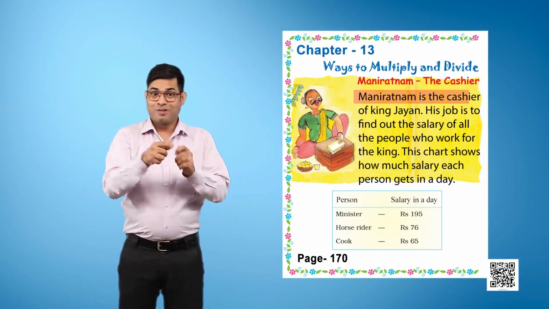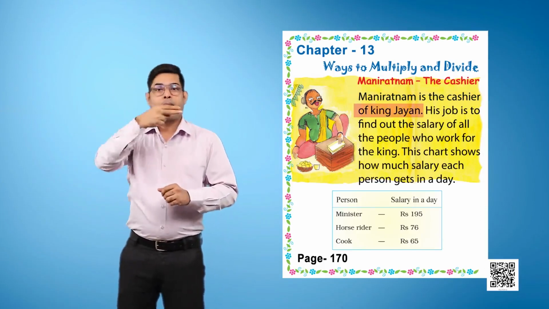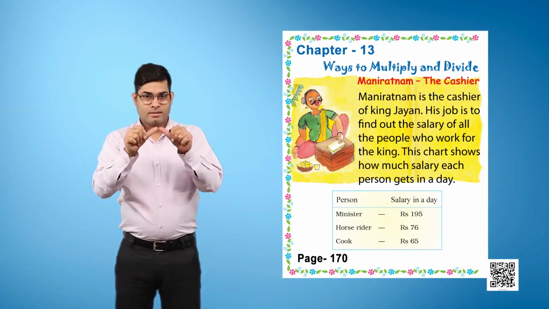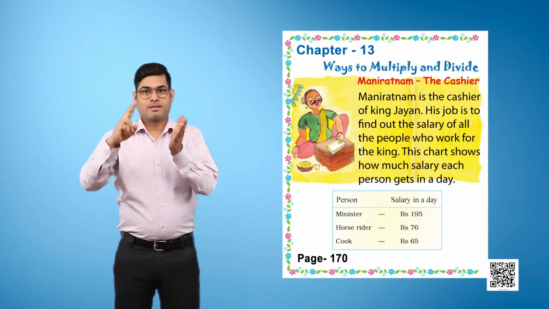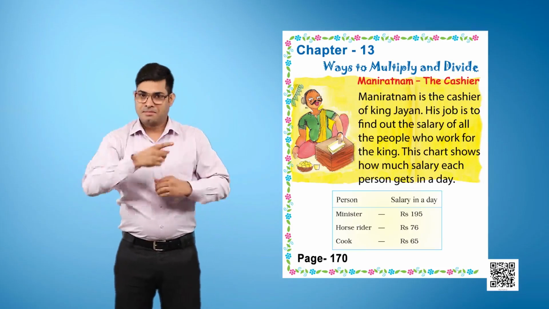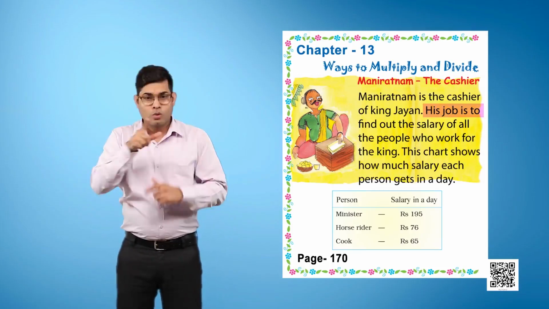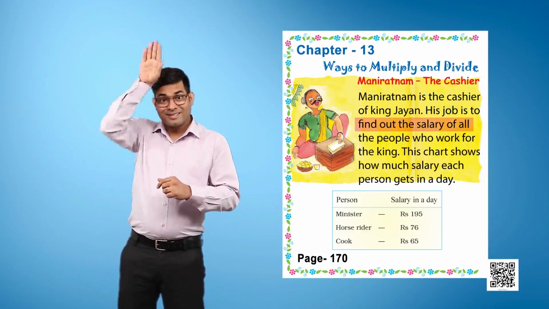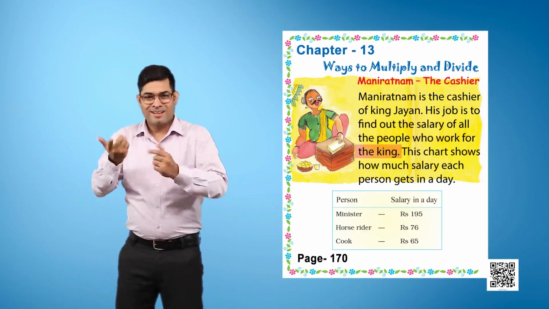Mani Ratnam is the cashier of King Jayan. His job is to find out the salary of all the people who work for the king.